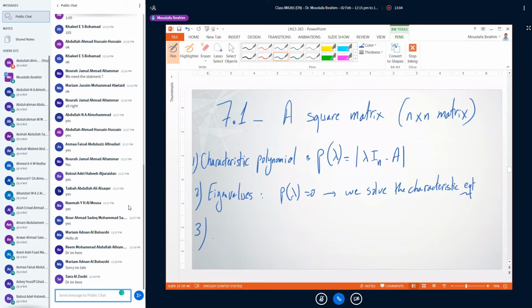And finally, we have eigenvectors. How to find eigenvectors for each lambda, let's call it lambda_i? We solve (lambda_i I minus A)v equals 0, a homogeneous system, and v here is (a, b, c, d) and something like this. Correct, guys?